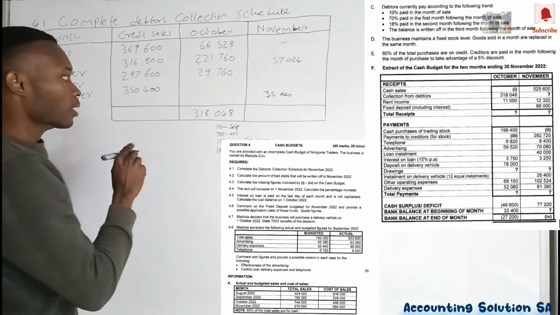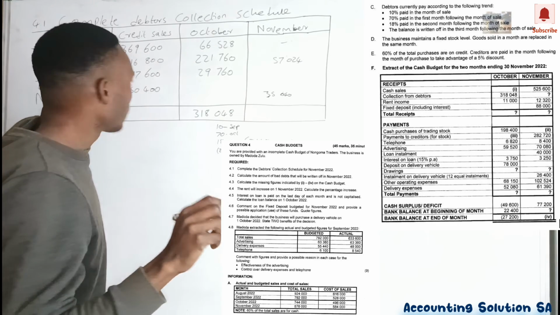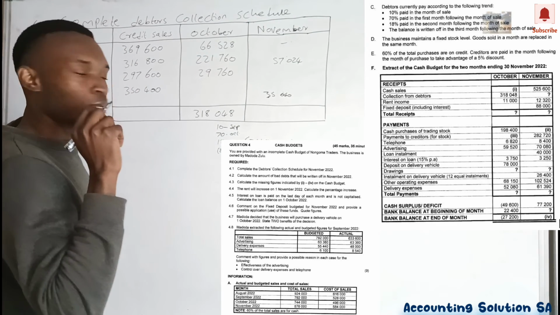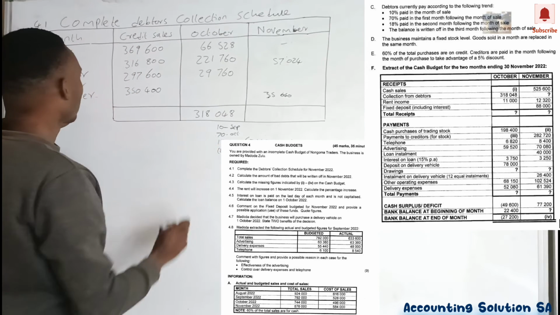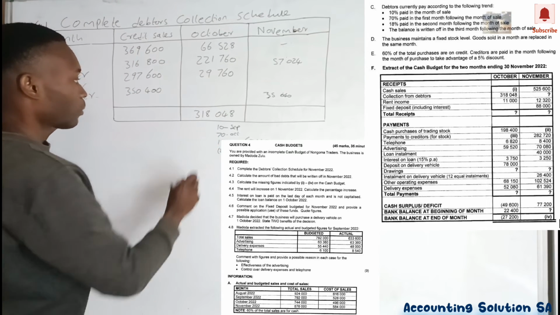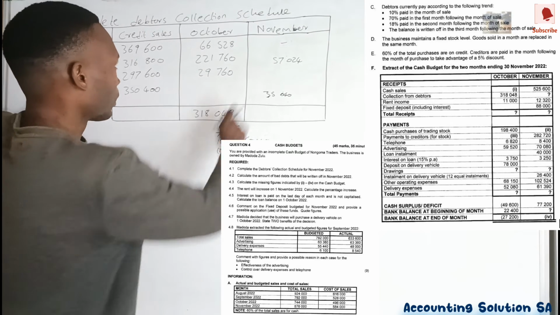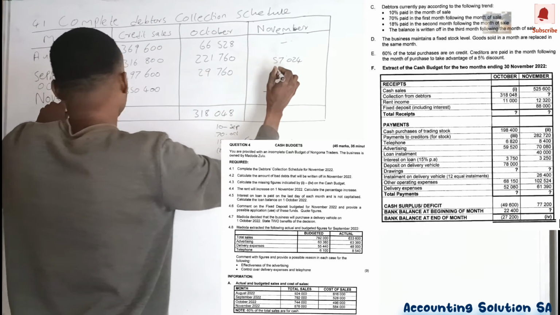October and October is going to be 10%. October and November is going to be 70%, which means that we are going to use 70% on November. Simple.